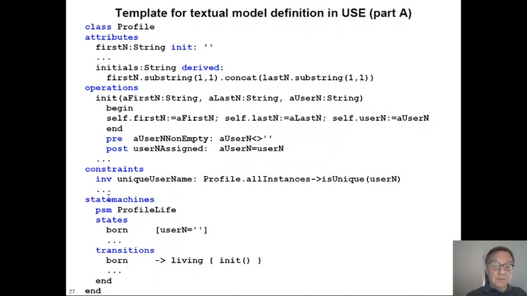You can associate state machines, protocol state machines, with a class, and there in textual form you specify the states together with the state invariants, and you specify the transitions, where you specify the pre-state and the post-state, and the transition that is going on between the pre-state and the post-state.